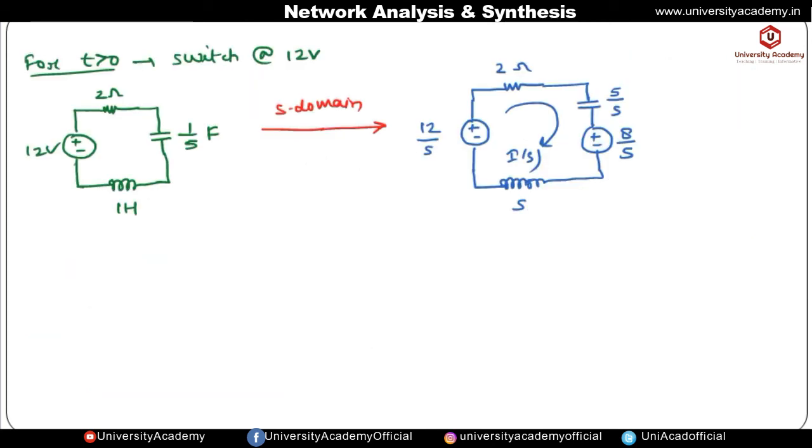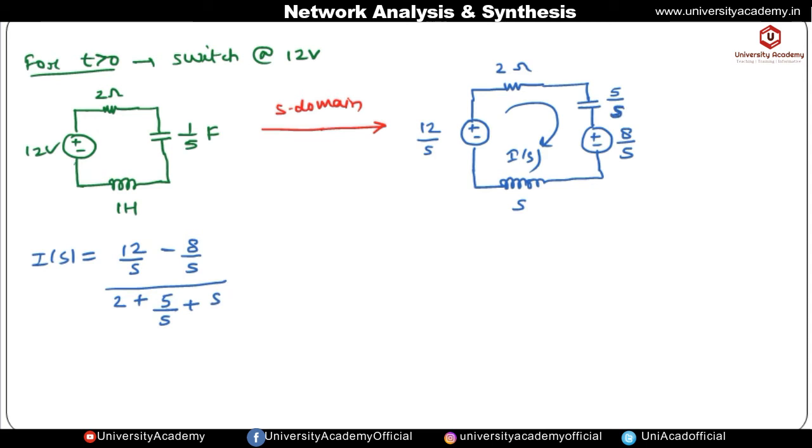I of S is given by 12 by S, that is this voltage source, minus 8 by S, divided by the 2 ohm, 5 by S capacitance and the S inductor, which are connected in series.